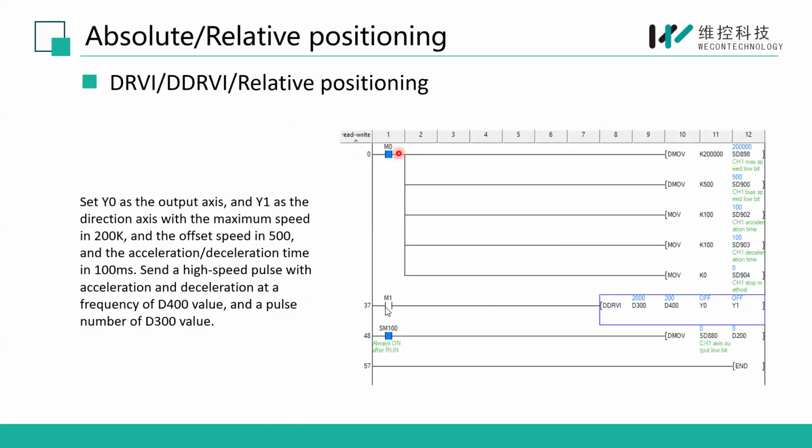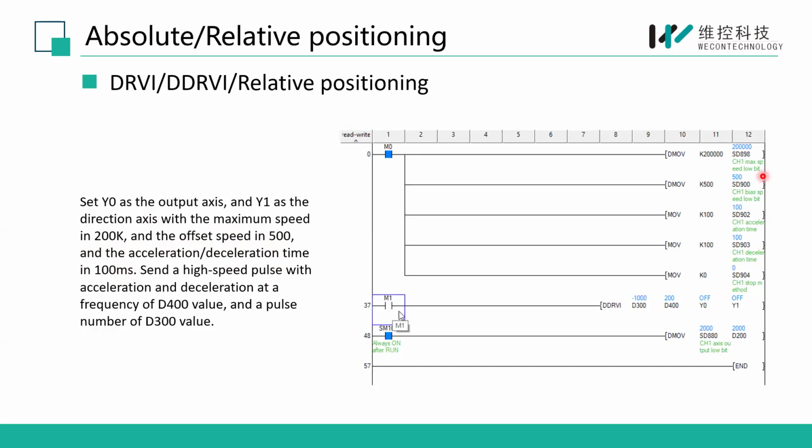Let's see the demo. First, we set Y0 as the output axis and Y1 as the direction. The maximum speed is 200k, the offset speed is 500, and the acceleration time is 100 milliseconds.